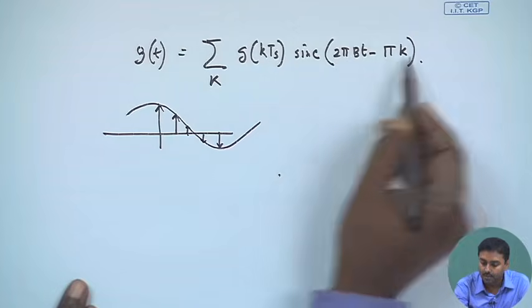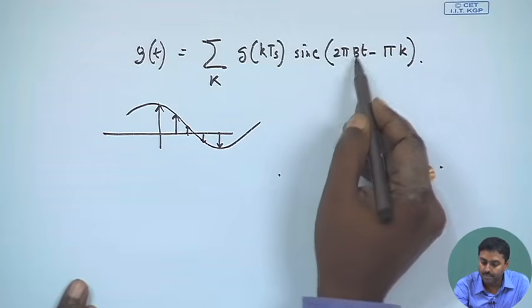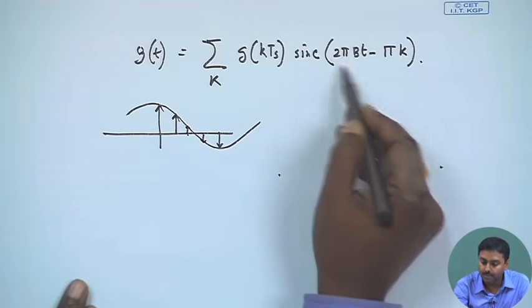If this is g(t), what is actually happening? Let us say this is my g(t). I have now taken those samples at g(kTs), right. And at each sample we are putting a sinc function with this parameter.